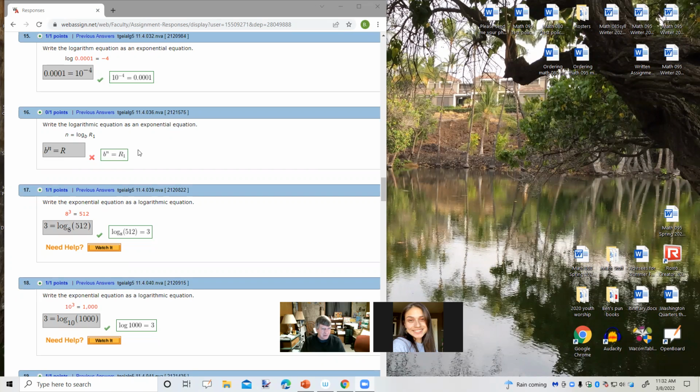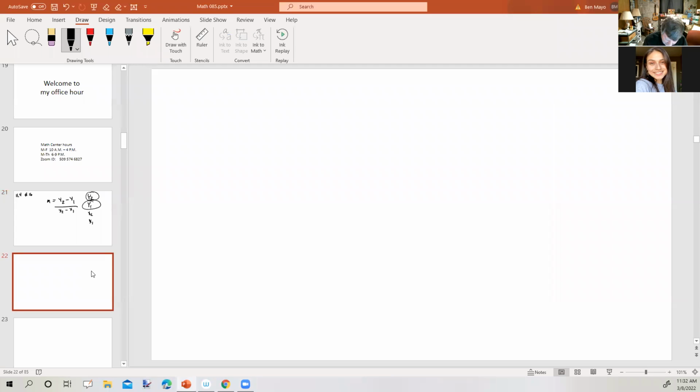So this screen has n equals log base b of r sub 1, so that would be b to the n equals r sub 1. Okay, that takes care of that question.